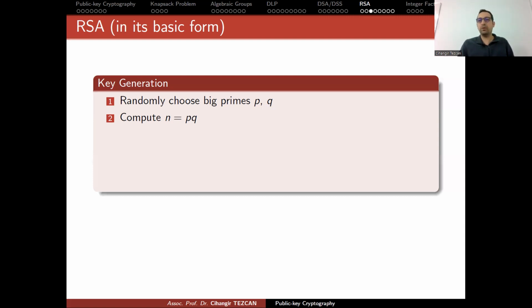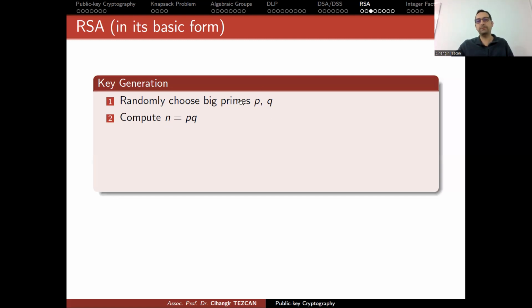This is why we talk about decision and search problems. Here we are trying to solve the search problem by factorizing n, and this is hard. Here we are trying to solve the decision problem, asking if this is prime or not, and answering this question is easier than the search problem. This is why we can use it in practice.